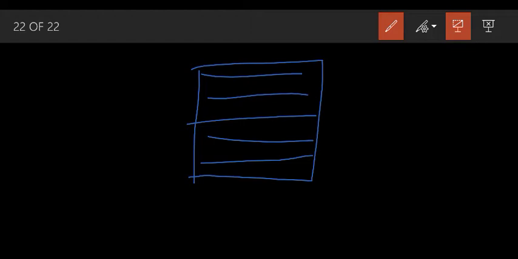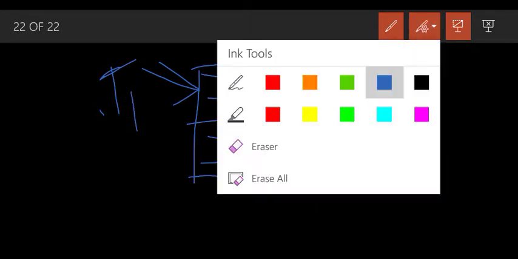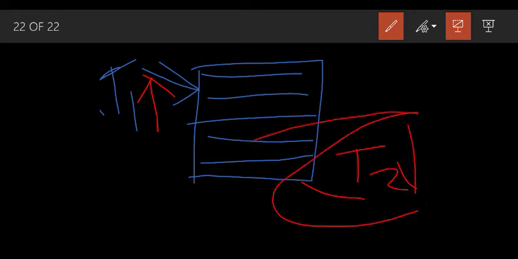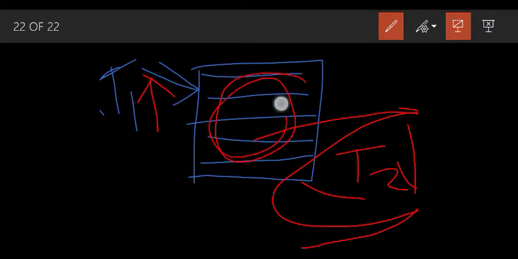Let's say the temperature at the entrance is T1, which is higher, and the temperature at the outlet, T2, will be lower. So here we get a condensed form. This is a system we utilize for condensation purposes. A coolant is used here.